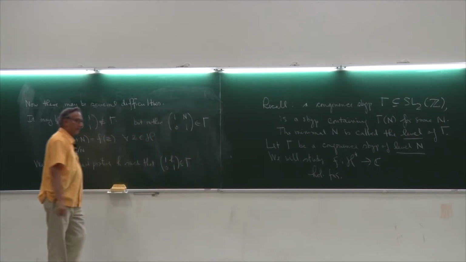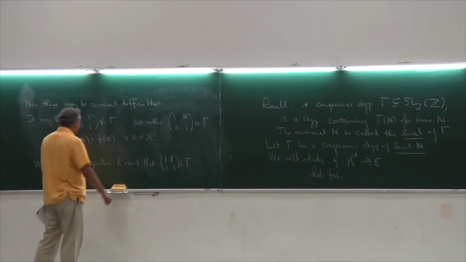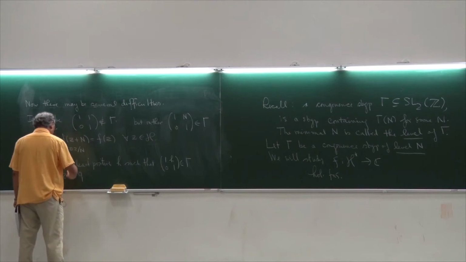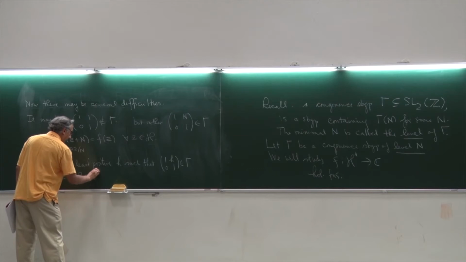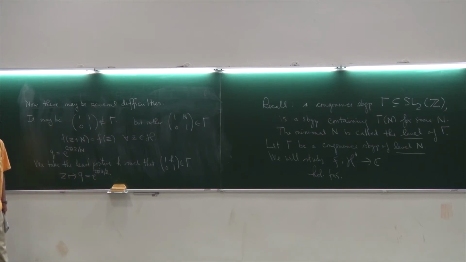Then of course f of z plus h is equal to f of z, and therefore it makes sense to look at the change of variable q equals e to the 2 pi i z over h. This may be the more appropriate thing for discussion of behavior firstly at infinity.